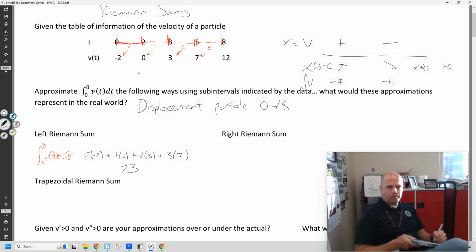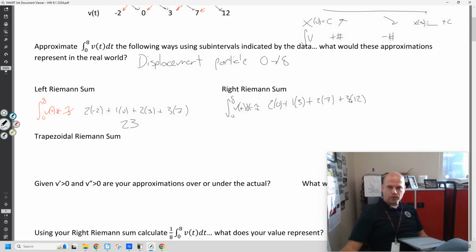The right Riemann sum does the same thing, only uses the heights on the right of all of our intervals. So the right Riemann sum approximately would be 2 times 0 plus 1 times 3 plus 2 times 7 plus 3 times 12. 12, 24, 36, 50, 53.